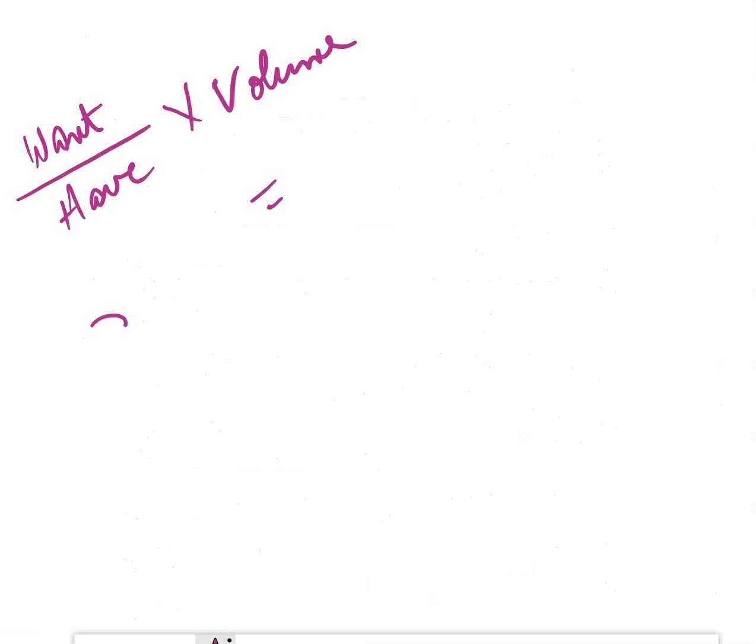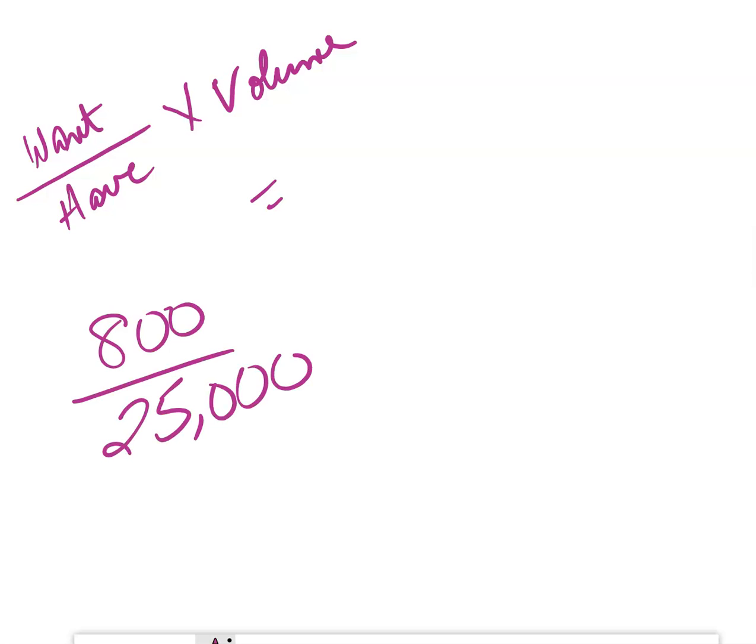The standard solution is 25,000 units in a 250 mL bag of D5W. So basically, you take what you want, or the order, divided by what you actually have, and multiply it by the volume. So 800 divided by 25,000, and 250 mLs is your volume.